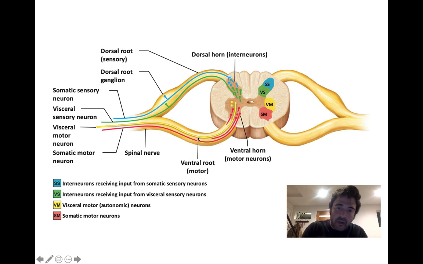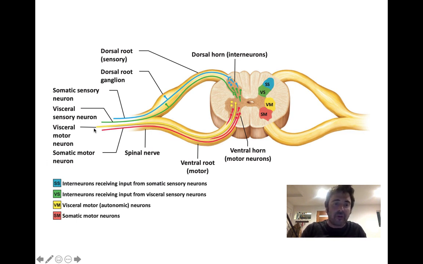Information traveling along these visceral or autonomic motor neurons will eventually make its way to either cardiac muscle, where it'll influence the rate of the heart, smooth muscle, where it will trigger either contraction or relaxation, and things like the GI tract and your blood vessels are dependent on that, or glands, such as sweat glands, for example.